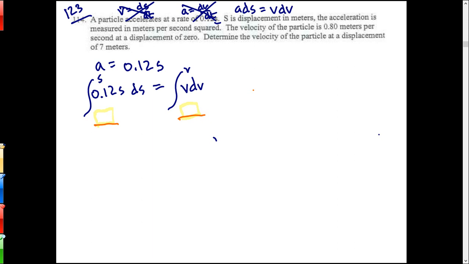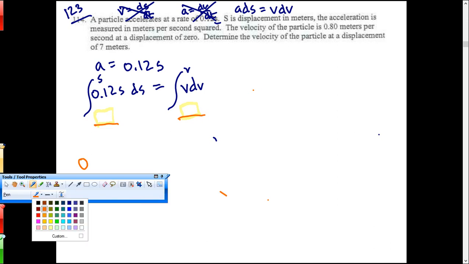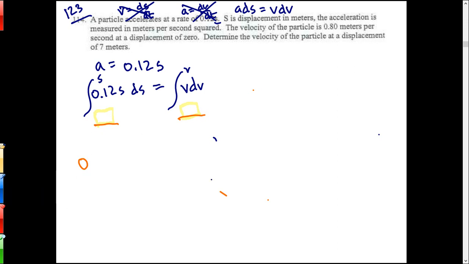When you get through this, you might simplify it differently than I did, but when I did this one, what I had there was 0.6 s squared is equal to v squared over 2 minus 0.32.